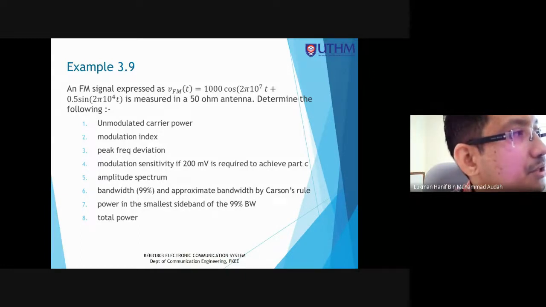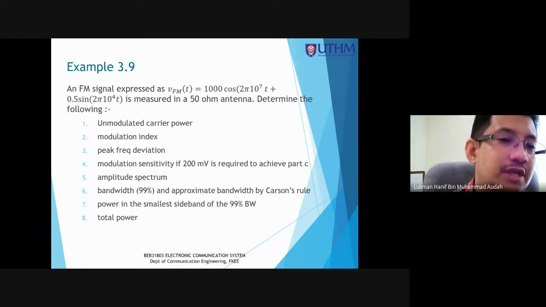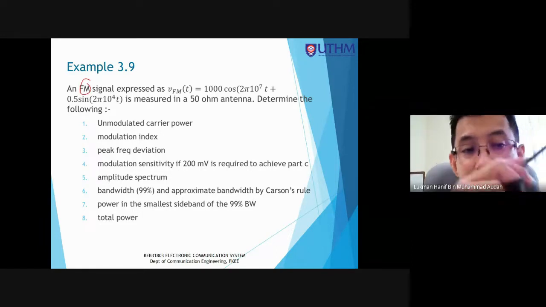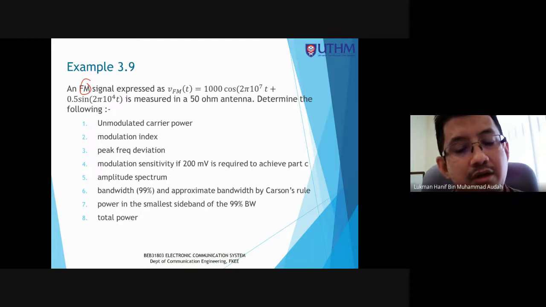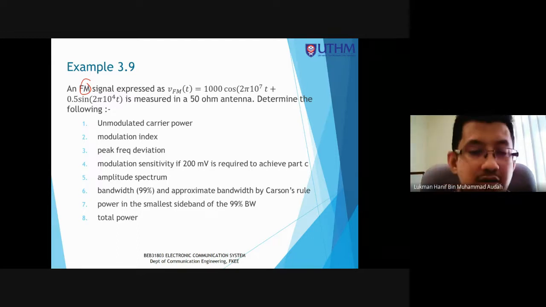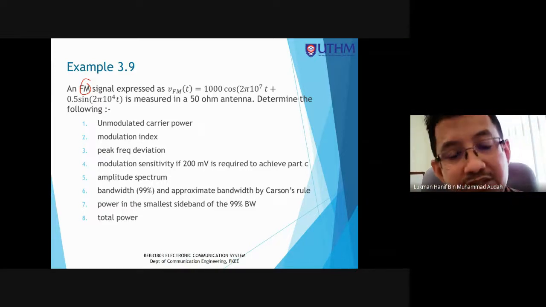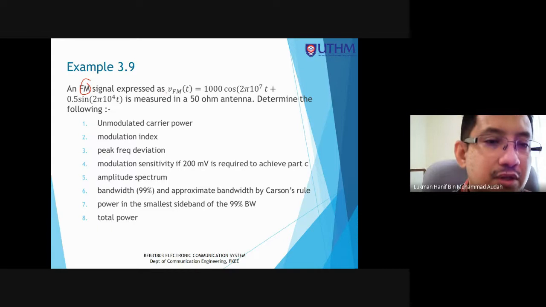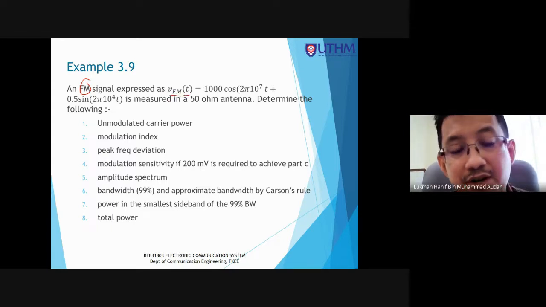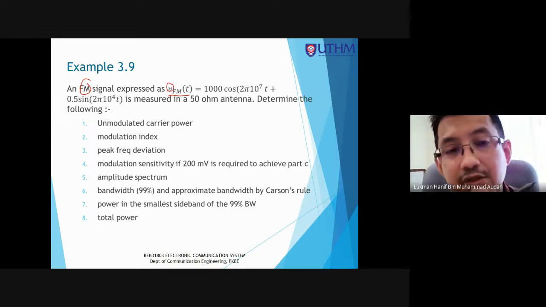Example 3.9. Given an FM signal, so we know this is frequency modulation, and you are given the parameters of vFM. Class, please note, this is just a good practice. You see the way they write the parameter vFM, it is a small v. Small v is for equation.